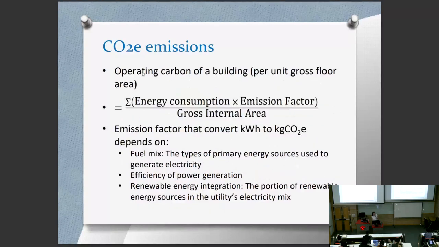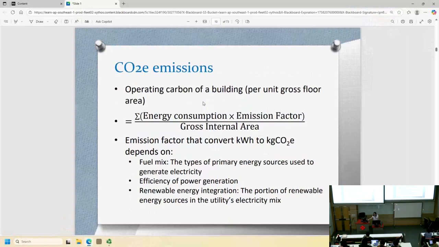So operating carbon of a building per unit gross floor area can be calculated by this equation, which is very straightforward. The total energy consumption should be in kilowatt hour, and then multiply by the emission factor.